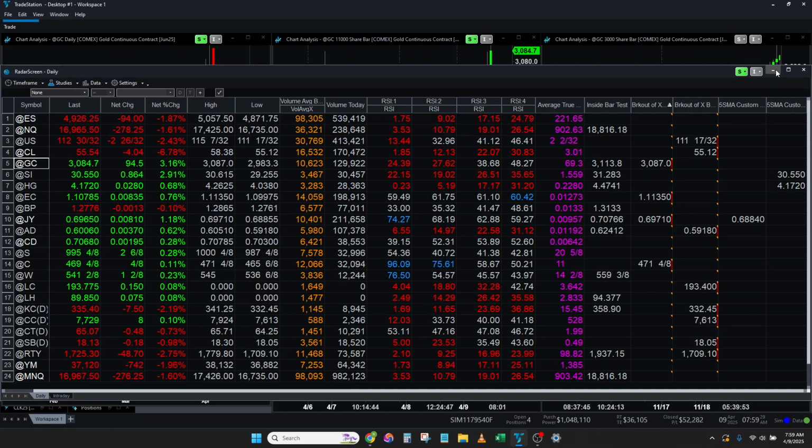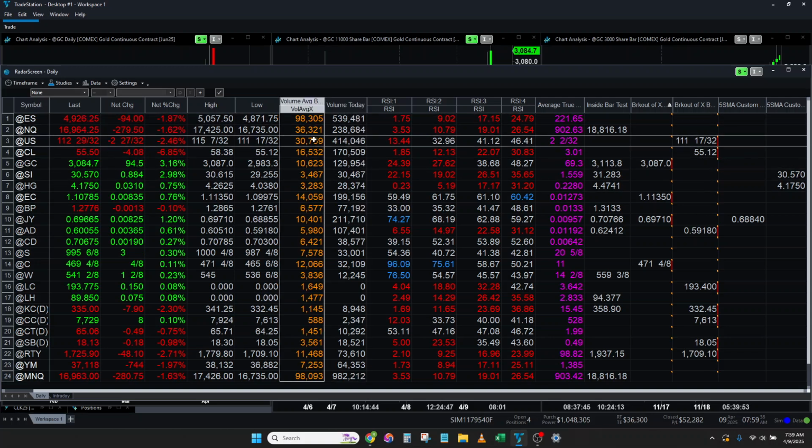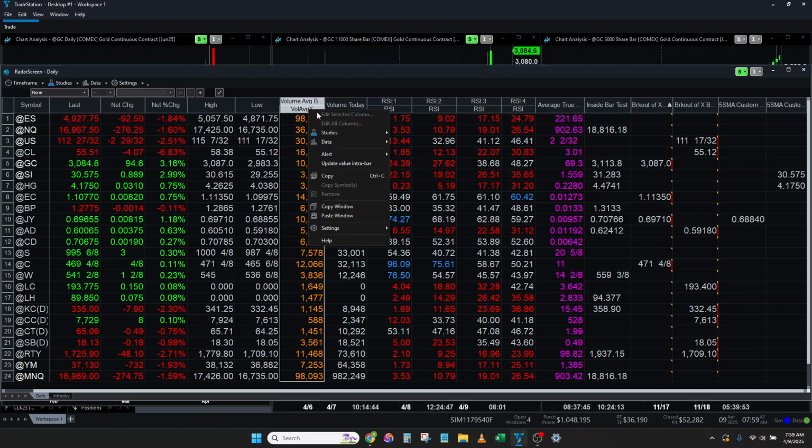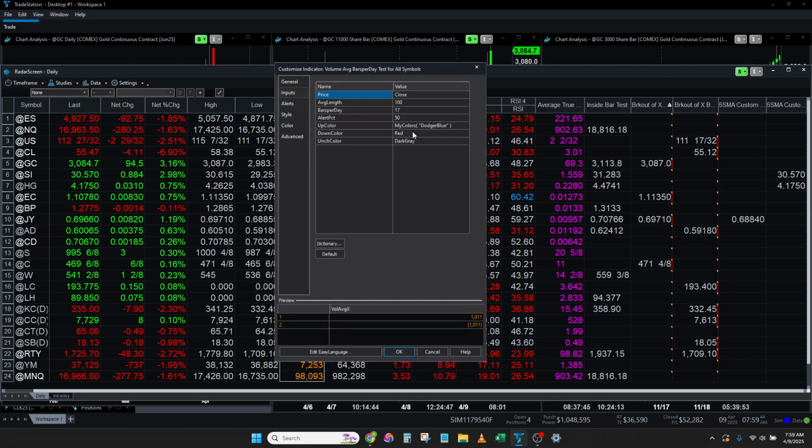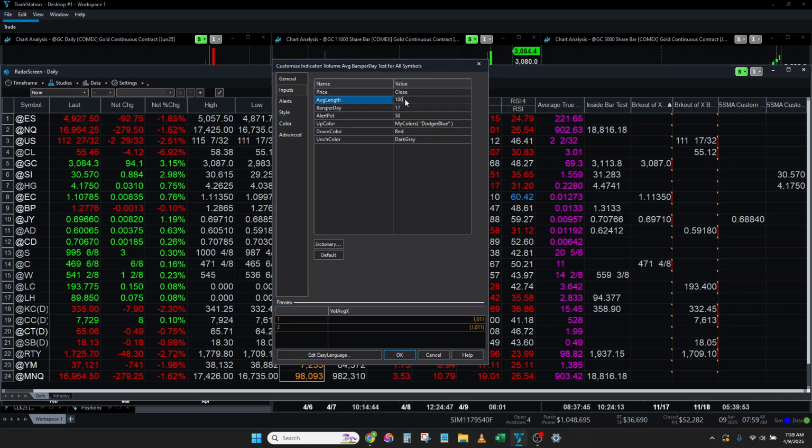But what I want to look at here is today's volume, this column here. But this column, I have it's the average volume over some period of time. So in this case, it's the average volume over the past 100 days. Okay. And then bars per day, 17.